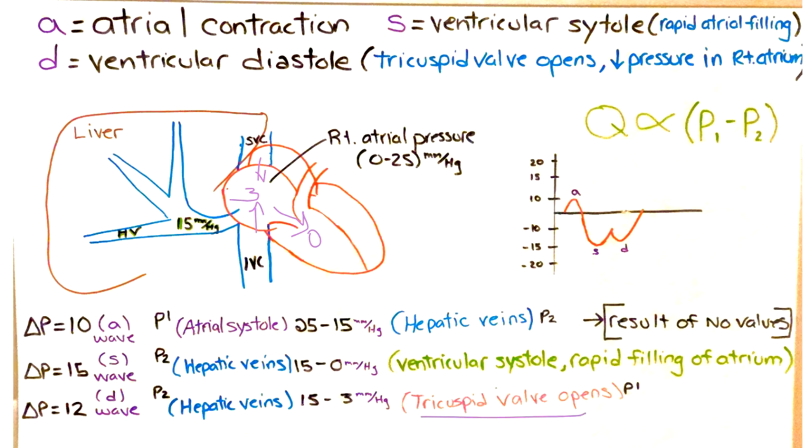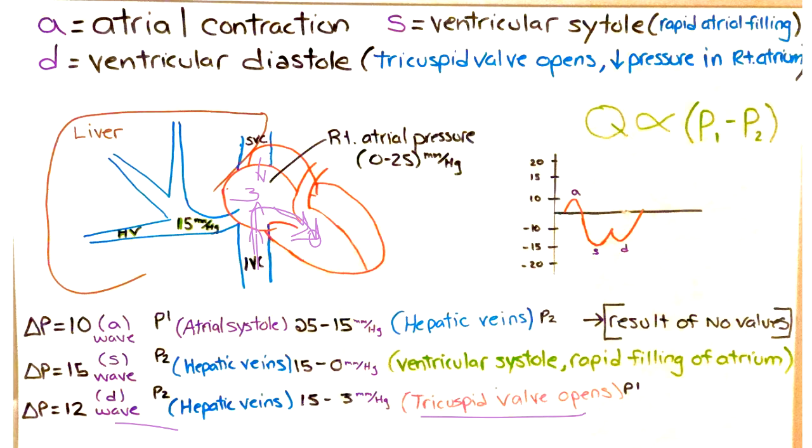So blood is now rushing in from the great vessels, but at the same time, blood is moving into the ventricle. So during ventricular diastole, the D wave, both the atrium and the ventricle are filling at the same time.